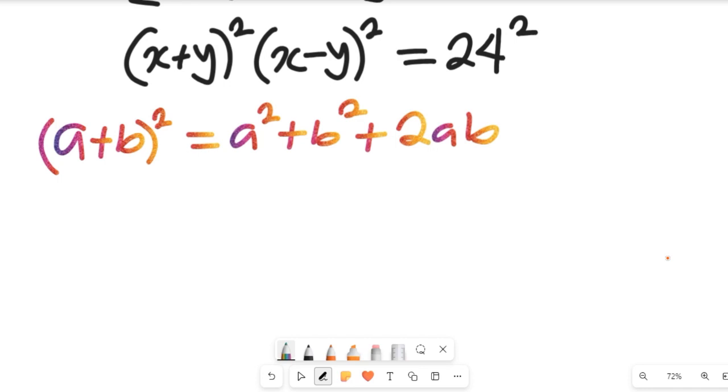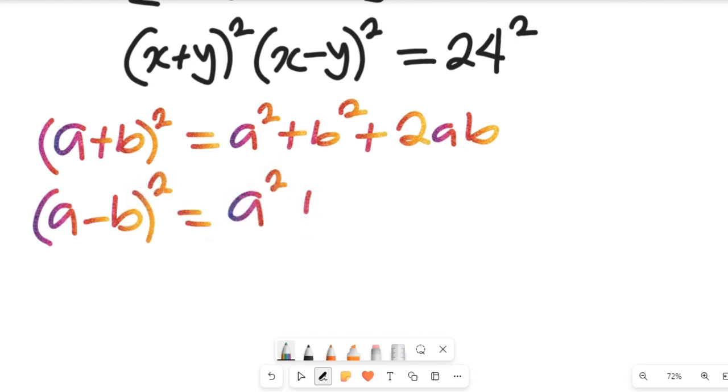What if it is negative? Then a minus b all squared will become a squared plus b squared minus 2ab. Great. Now let's apply that to the expression.